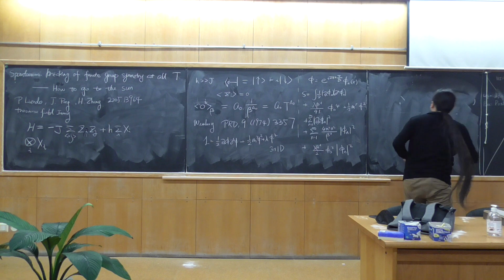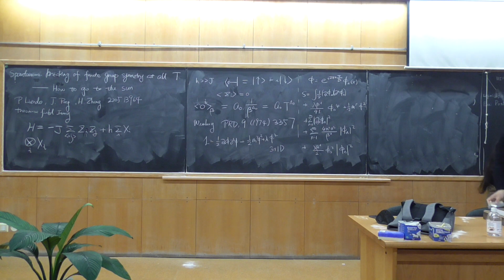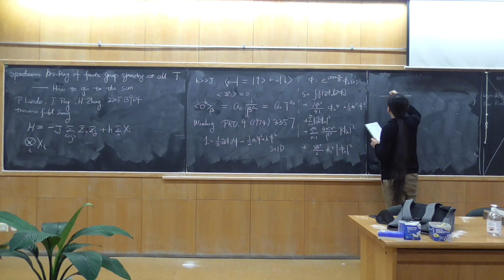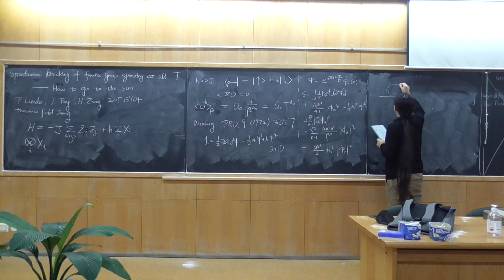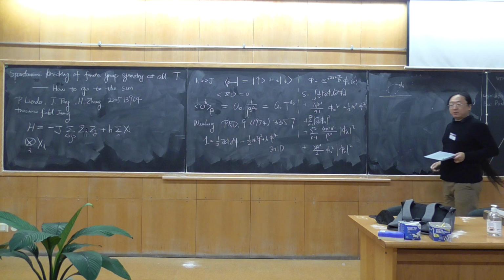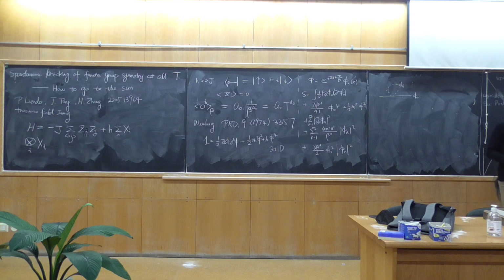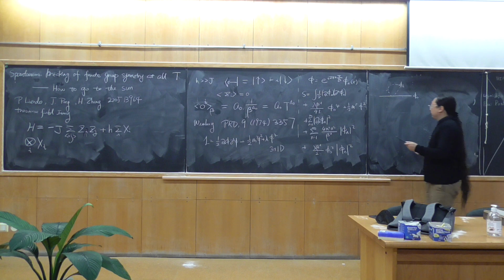So the diagrams are very easy, just one-loop diagrams. We are going to consider a diagram like this. What's propagating here are the massive modes, and what's here are the zero modes. So this loop would just renormalize your mass at finite temperature. The calculation is also very easy.